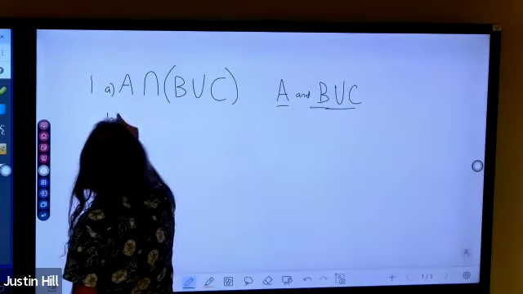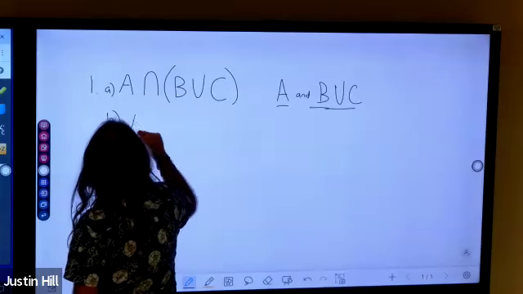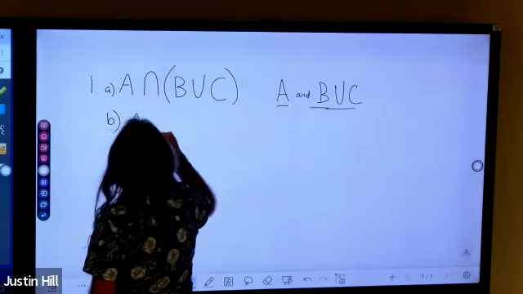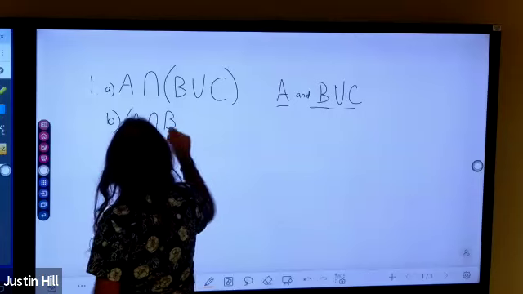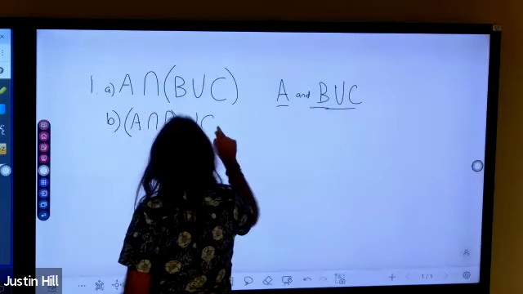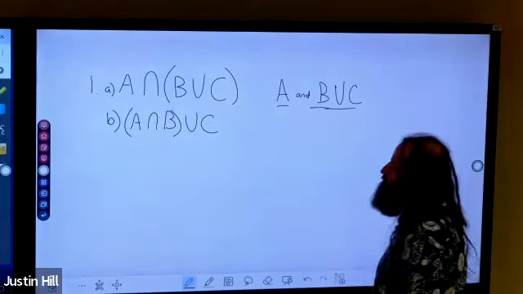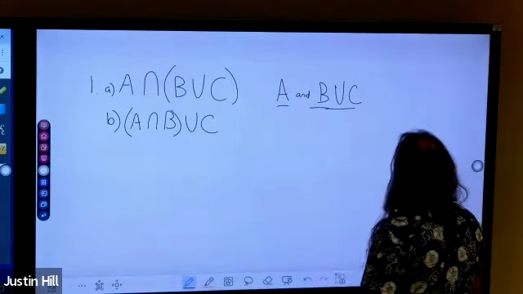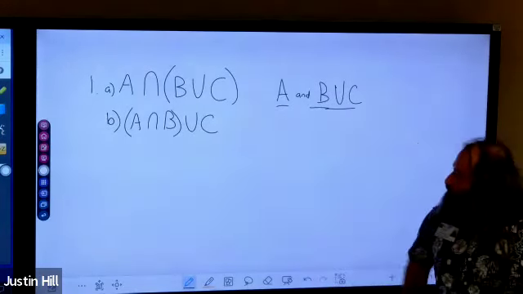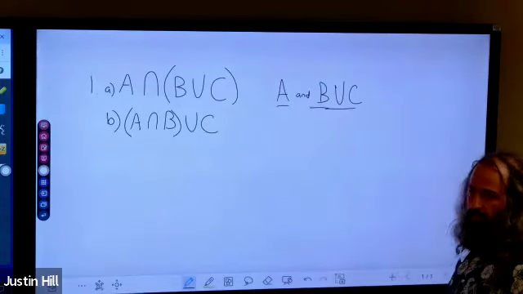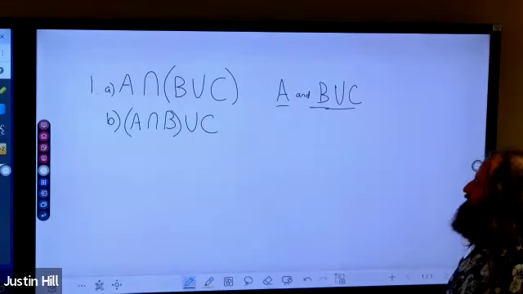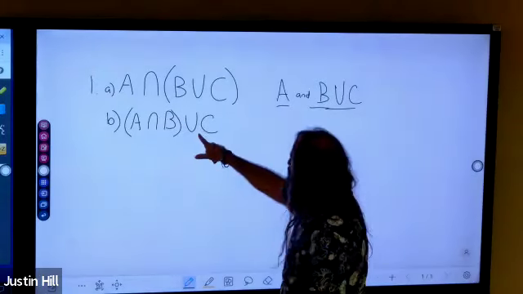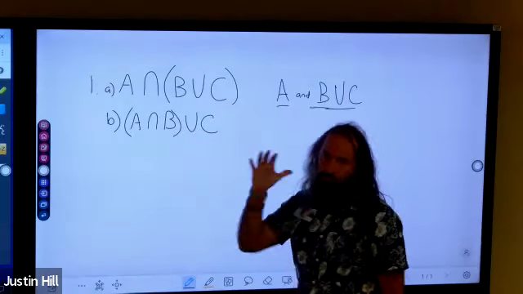So that was part A. On part B, they had you focus on A intersect B union C. That's a big one, I think. What they're saying is that to say an element is in A intersect B union C means that it's in blank or blank.